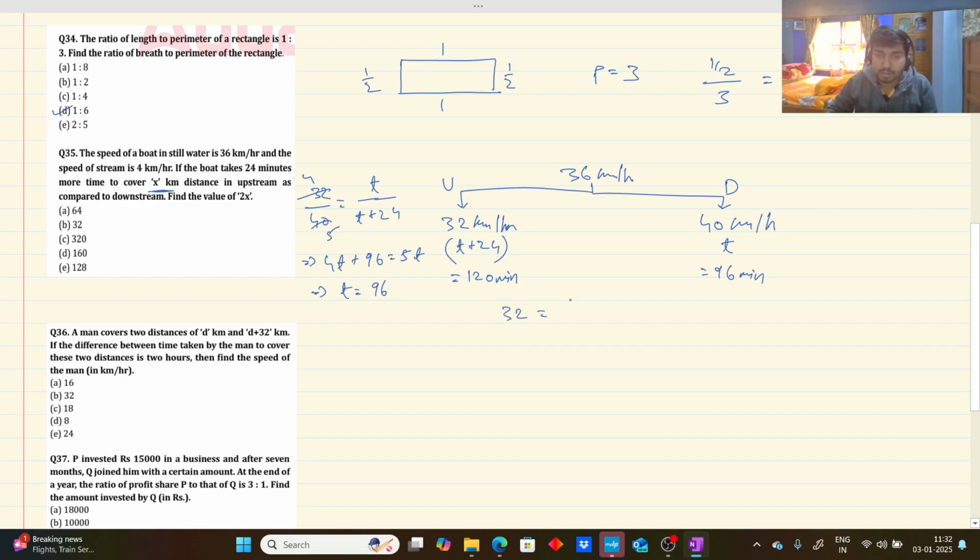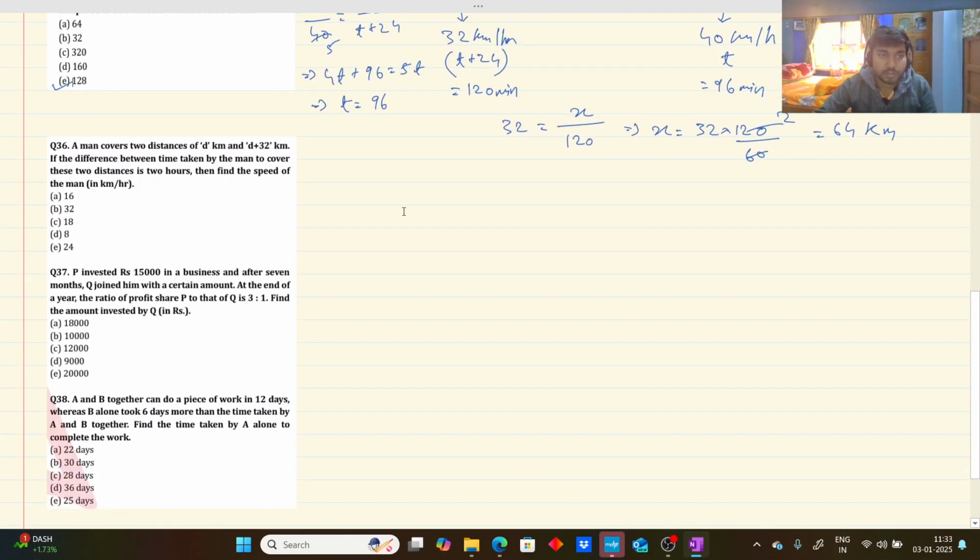With this speed he has covered a distance of x in 120 minutes, which implies x is equal to 32 into 120 minutes, and to convert minutes to hours, I'll divide by 60, that is 64 kilometers. Therefore 2x would be 128.